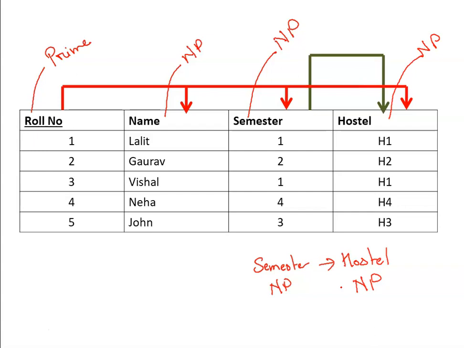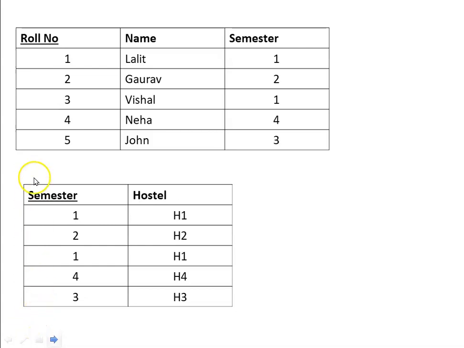So now we'll have two new relations: one relation with roll number, name and the semester of the student, and in the second relation we'll have semester and the hostel. So we have these two tables with roll number, which is the prime attribute, and the non-prime attributes name and semester.